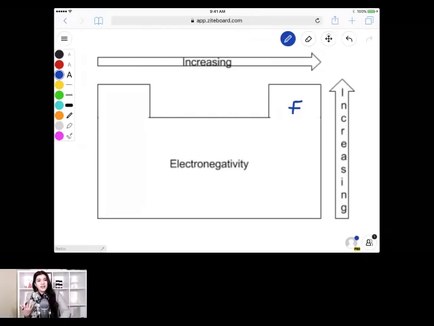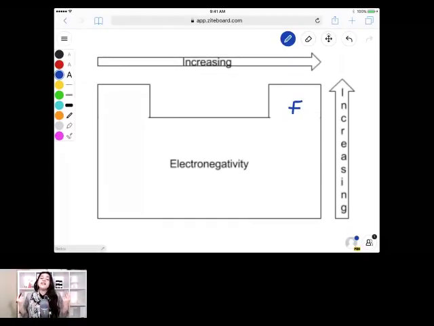So what I like to think of is, if you're looking for the most electronegative atom, what you're focusing on is what is closest to fluorine. So in case you forget where it is increasing and where it is decreasing, just think that for electronegativity, the ones that will be the most electronegative are the ones that are closest to fluorine.